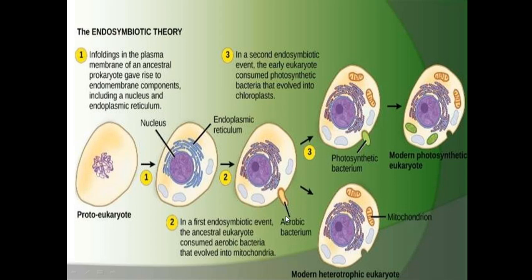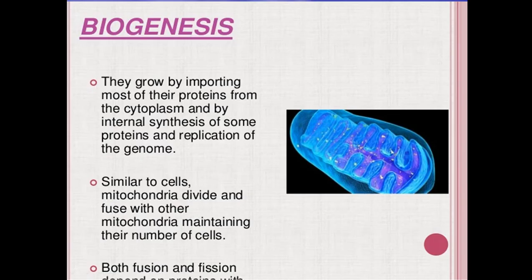This aerobic bacterium fused, and it had the capacity to utilize oxygen. It may also have been a photosynthetic bacteria, and this aerobic bacterium developed into the mitochondria. This is what the endosymbiotic theory suggests.